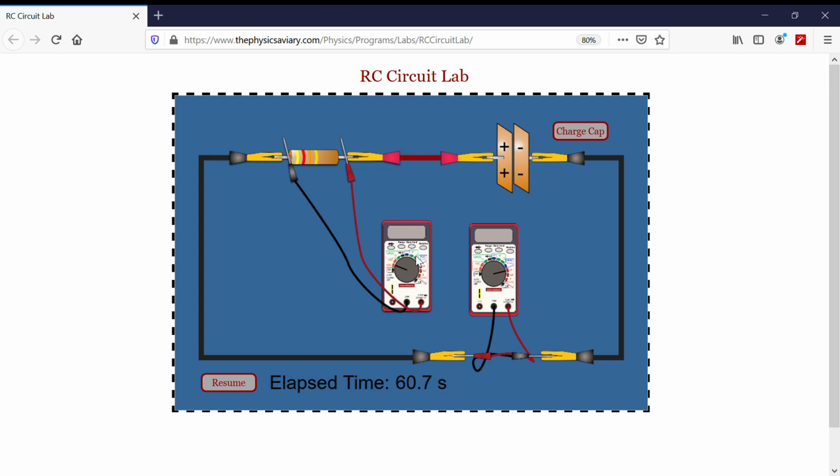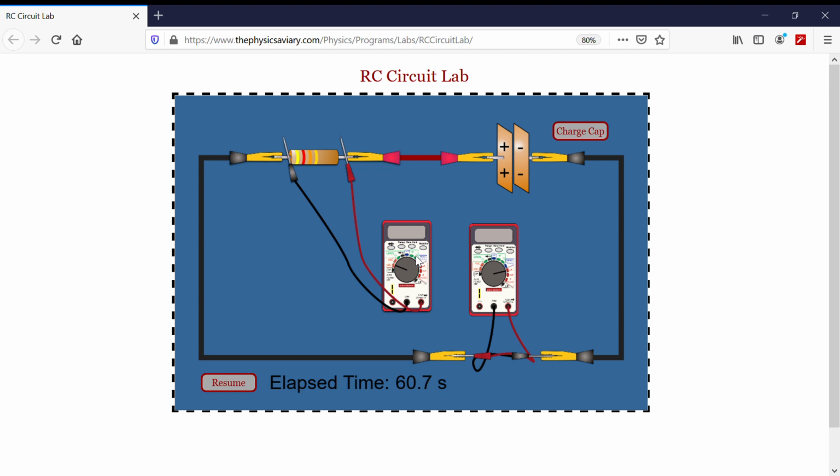Okay, so what's 36.8% of 9 volts? Well, that's 0.368, or 0.37 if you want to, times 9. I'm finding 3.31 volts. Okay, so 36.8% of 9 volts is 3.31 volts.